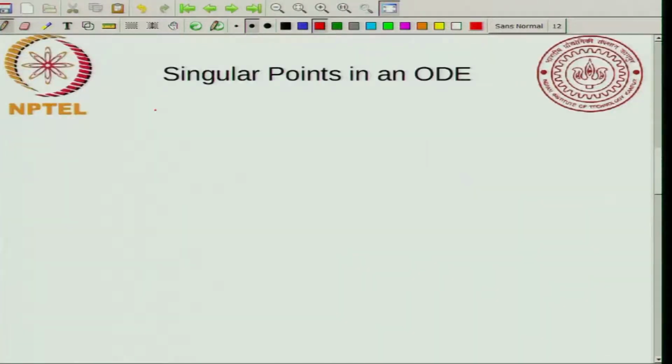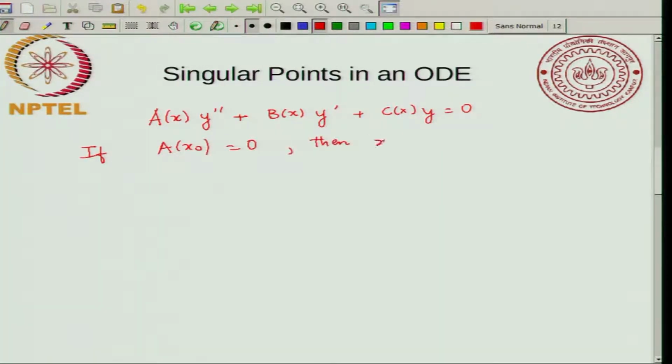Whenever you have a differential equation of the following form, suppose you have a of x y double prime plus b of x y prime plus c of x y equal to 0, a homogeneous differential equation. If a of x 0 equal to 0, then x 0 is called a singular point.